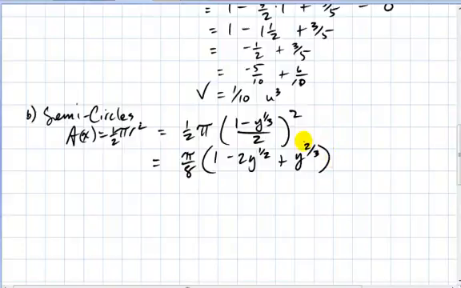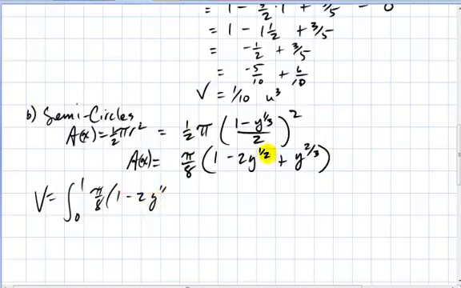Now notice that's the same as above as well, so I could use the results from the previous one if I'd like to. When I integrate to get the volume from 0 to 1, I have to integrate pi/8 times 1 minus 2 times y to the 1/3 plus y to the 2/3. We already did this, so we know a lot about it.